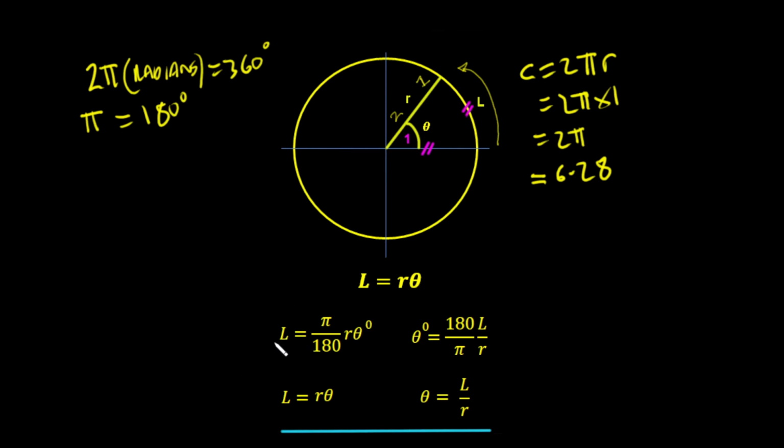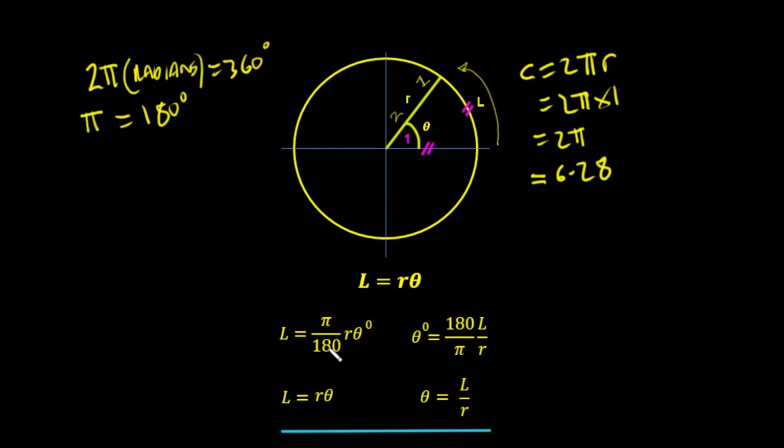Now, if we note the equations down below here, we had the relationship between the angle theta in degrees and the length of the arc, and also between the length of the arc and theta in degrees, and we had this pi upon 180. But now if we change the scale of the angle to radians, then pi radians is equal to 180 degrees.